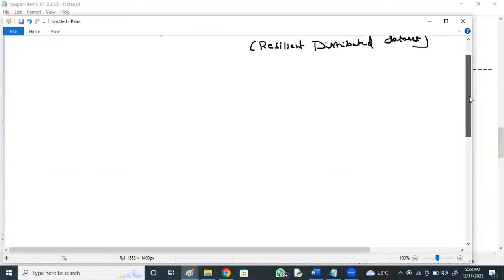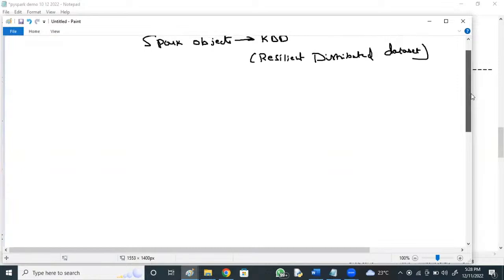So Spark data objects we call resilient distributed datasets.